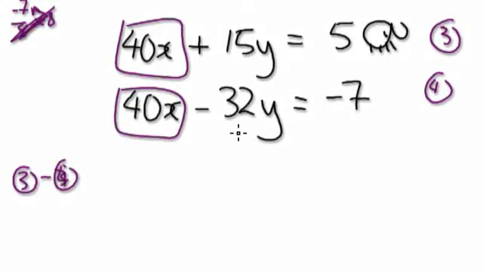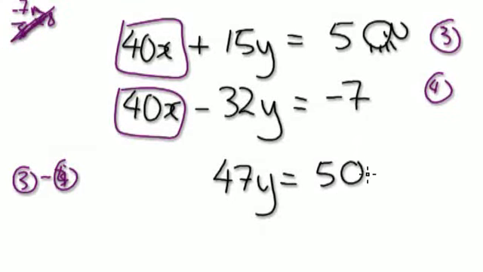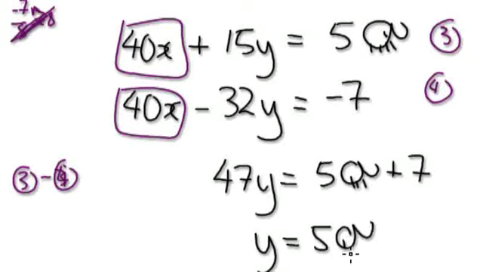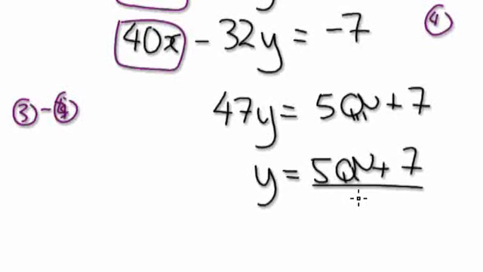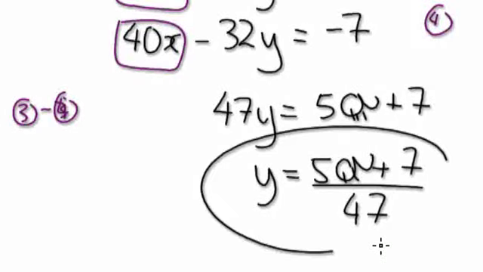Then you've got positive 15y take away negative 32y, so that's like adding. So it will be 47y equals 5 elephants plus 7. Now divide, so y equals 5 elephants plus 7 over 47. So this here would be your y.